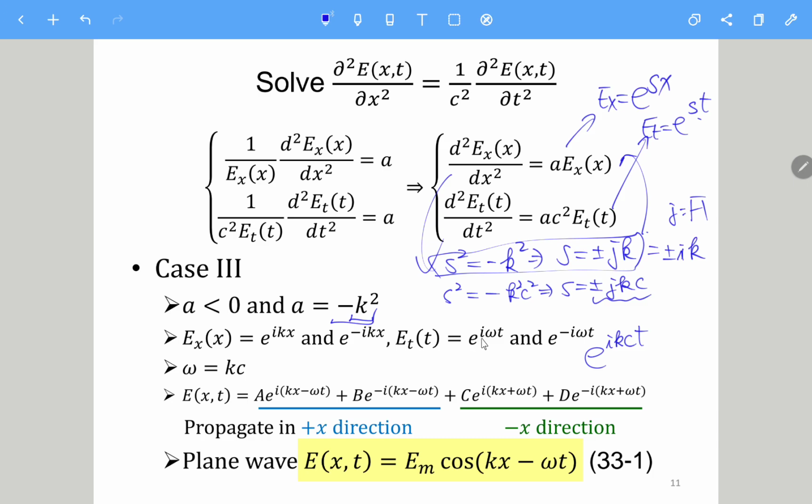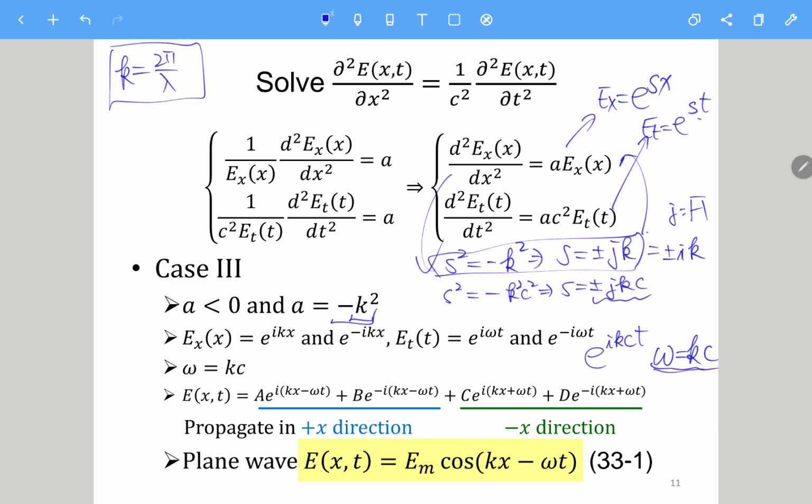Okay, here we write it as exponential to i omega t, which means that we also have omega to be kc. Actually in the textbook it tells you that k equals 2 pi over lambda, if you still remember.